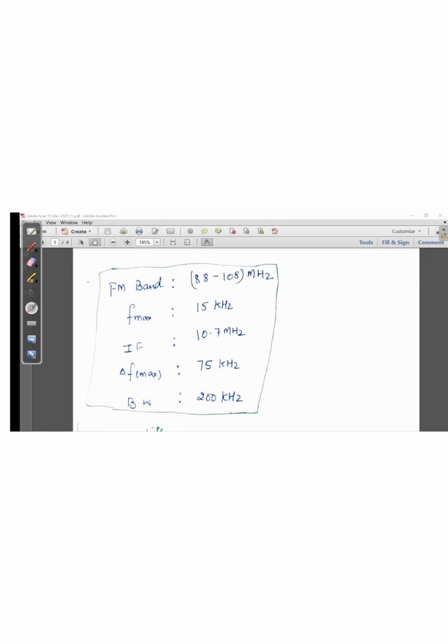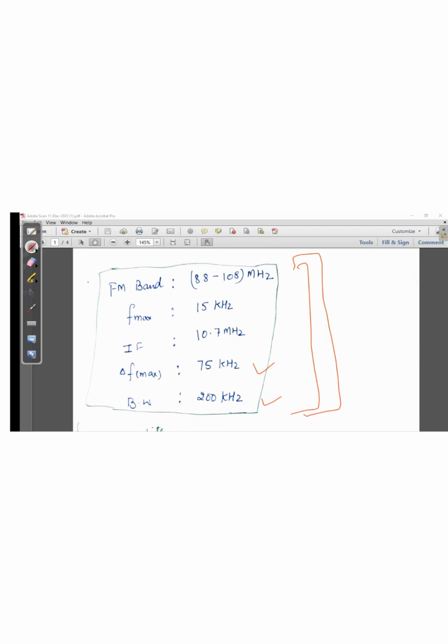The intermediate frequency in case of FM signal is 10.7 megahertz. The maximum allowable frequency deviation is 75 kilohertz and the bandwidth allowable is 200 kilohertz. Before moving to pre-emphasis and de-emphasis, we must be aware of these parameters.